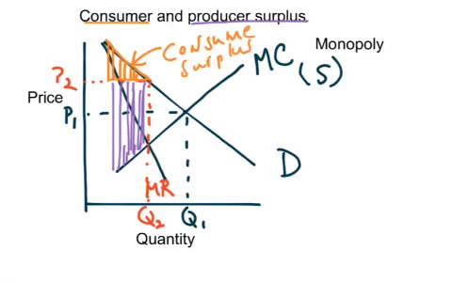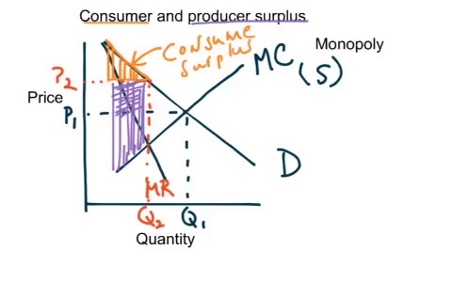So the part that would have been the consumer surplus in perfect competition, which I'm going to now put some lines through, this part right here, I'm coloring it purple because it's part of the producer surplus, but in perfect competition, that box where the lines are going both directions would have been part of the consumer surplus.